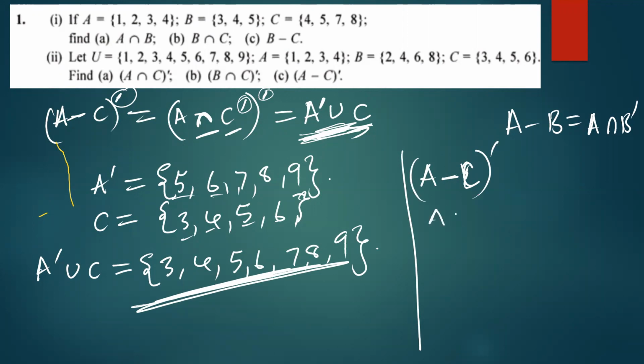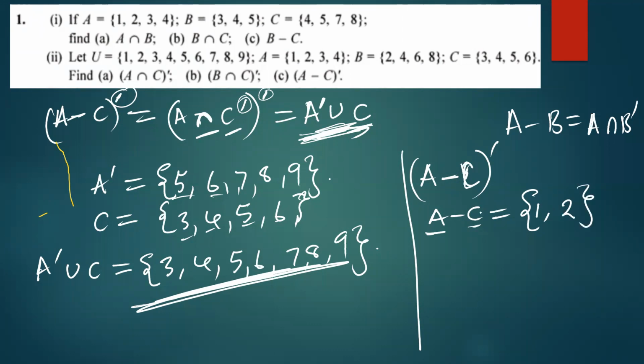A minus C is simply listing the elements that are in A, excluding those that are in C. So we're going to have 1, then we're going to have 2. We can't list 3 and 4 because they are in C. So we just end there.